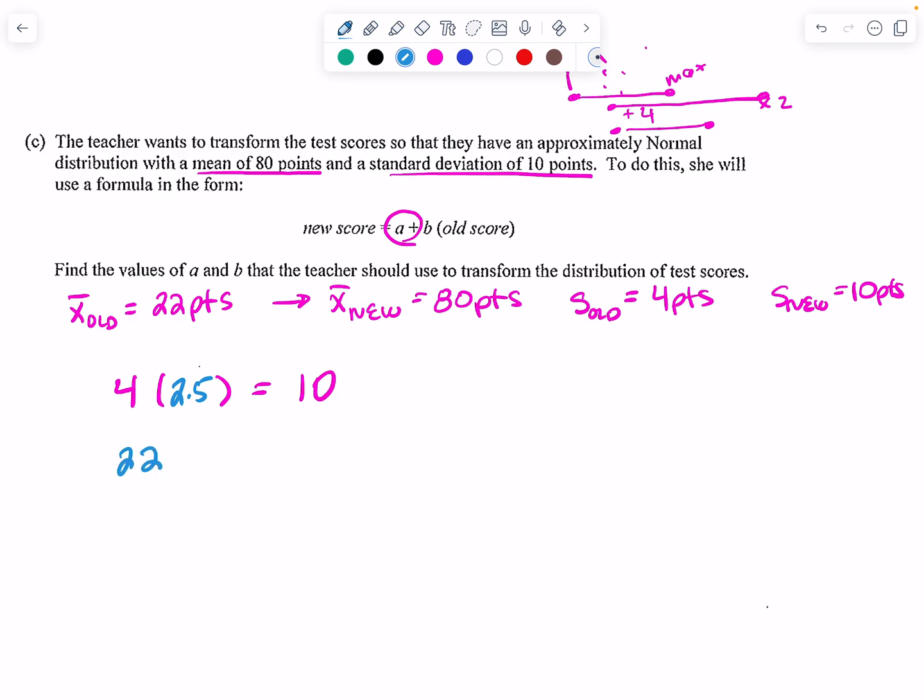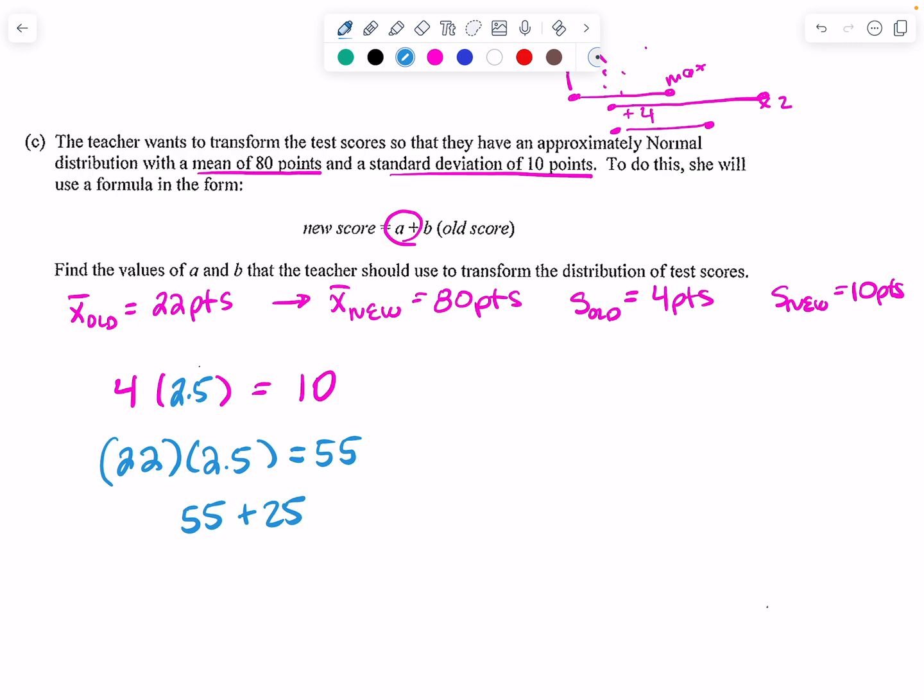Now I can adjust my mean to get 80. I'm going to do 22 times 2.5, because I have to multiply it by the same thing. 22 times 2.5 is 55, but I have to get to 80. So how do I get to 80? I take 55 and add 25. The reason I can do that is because if I add 25, the standard deviation doesn't change.